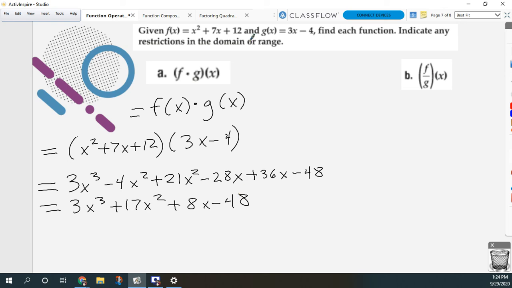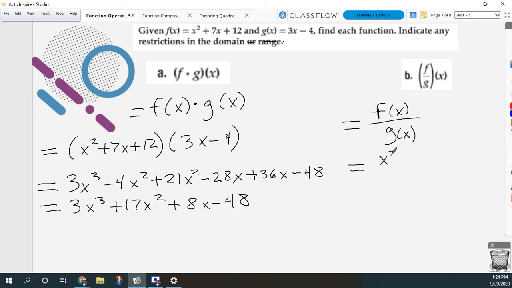So again, I really only care about our restrictions on our domain, and because we started and ended with polynomials, we're not going to have any restrictions in that case. All right, so now going on, we have f of x divided by g of x. So again, I'm going to separate those out.